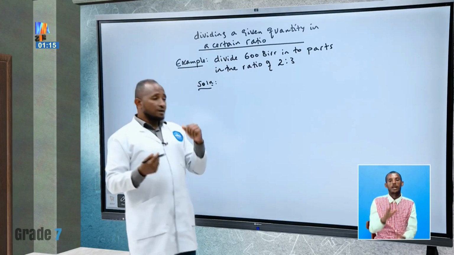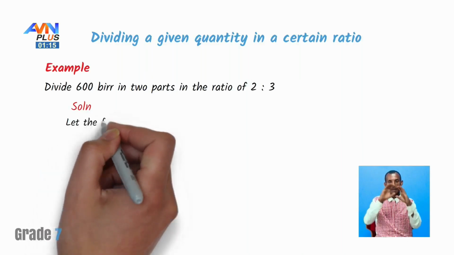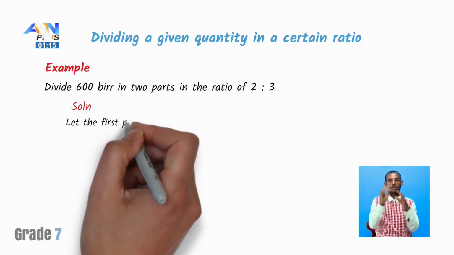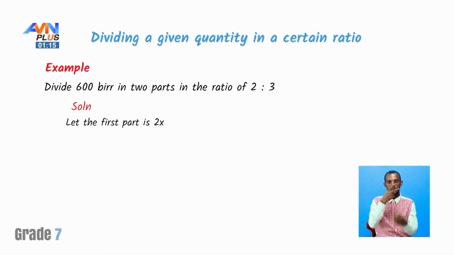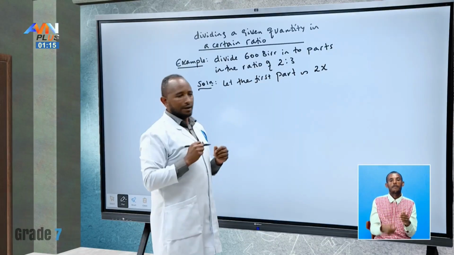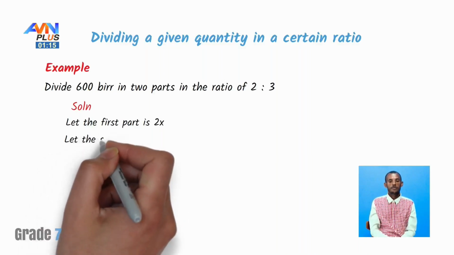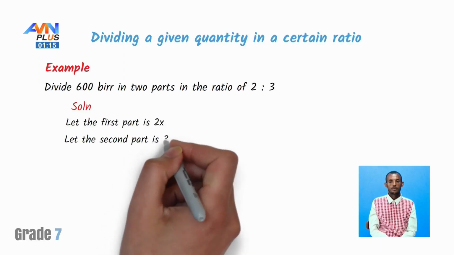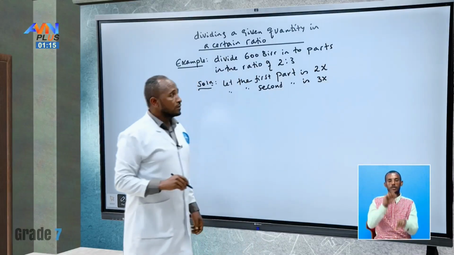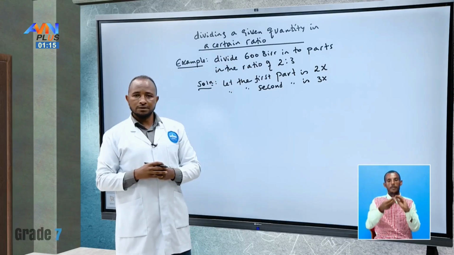Therefore, let the first part be 2 times a certain quantity, x. And let the second part be 3x. These two together give the total amount, 600.